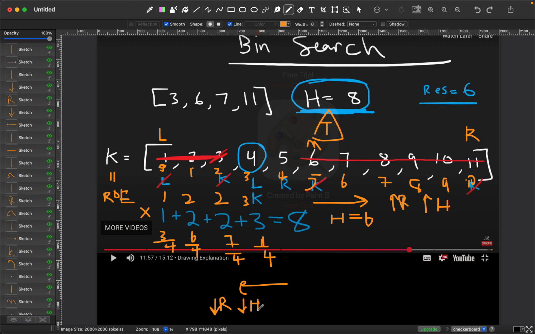So first and foremost, you look at your H at this current moment. Are you fast enough or not, or can you be more greedy? And the answer is you can be more greedy, you can use fewer resources.